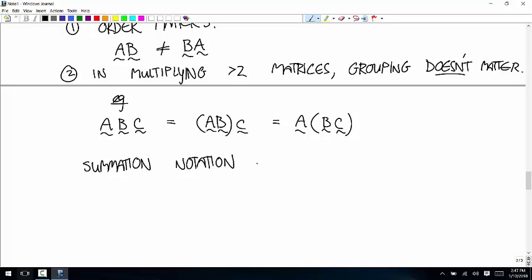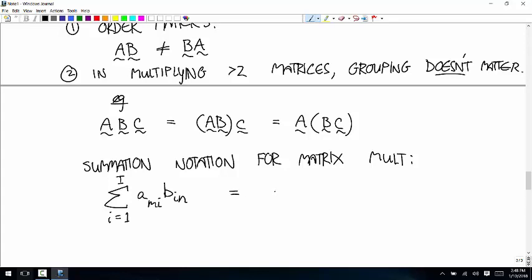So the summation notation for matrix multiplication says, if you're multiplying the matrices A and B, do the sum, i equals 1 to some constant value I, of A_Mi times B_iN. And that gives you the element AB_MN.